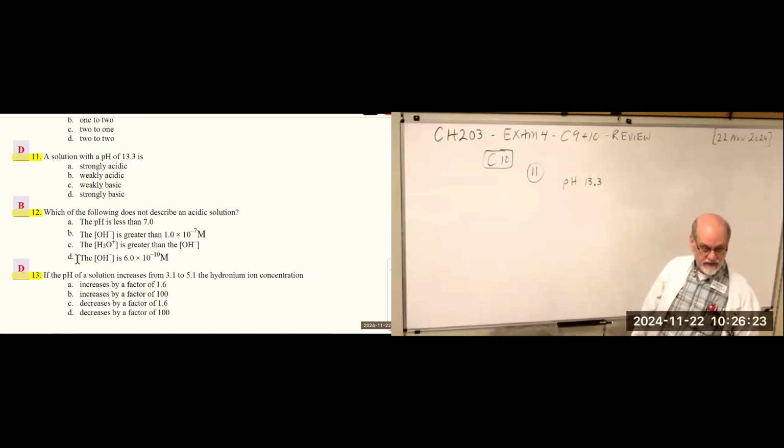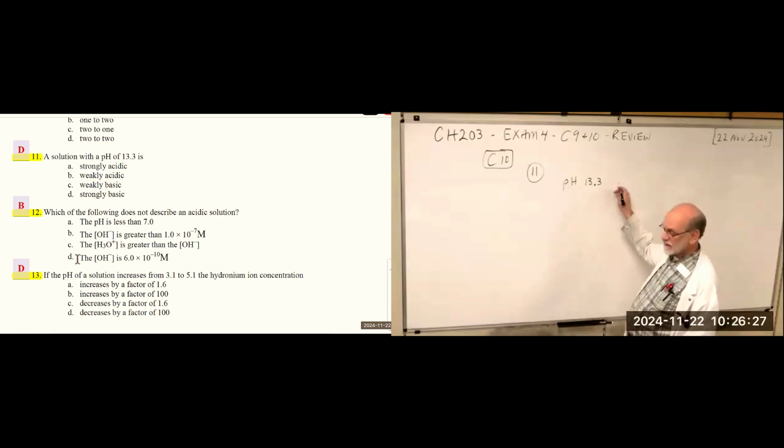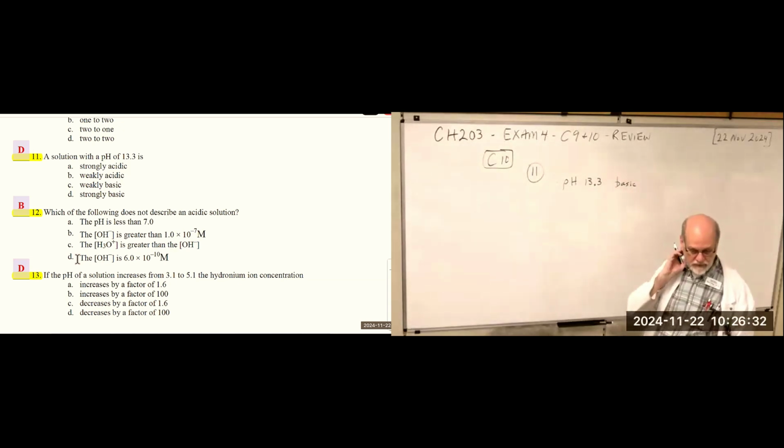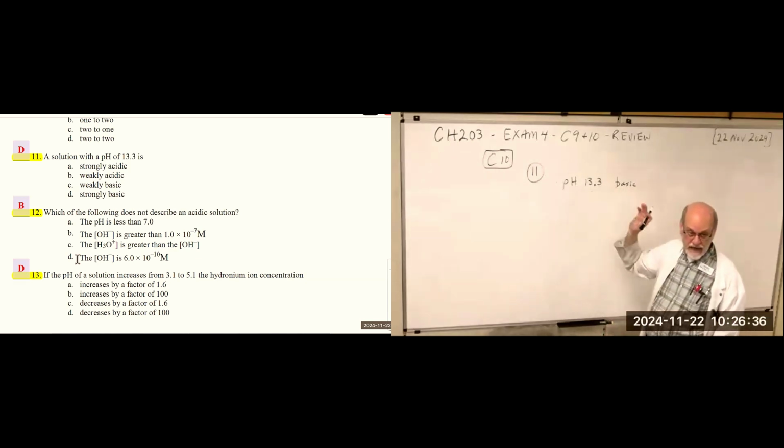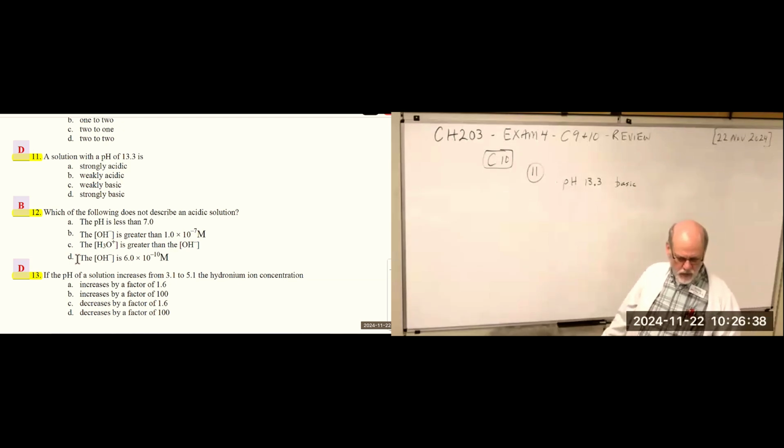Not neutral. pH 7 is neutral. High pH is basic. Greater than 7. And it's strongly basic, actually. That's a very high pH number. So D would be the correct answer for that one. Strongly basic.